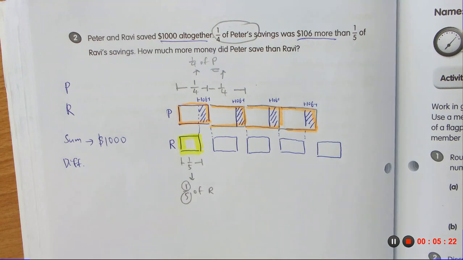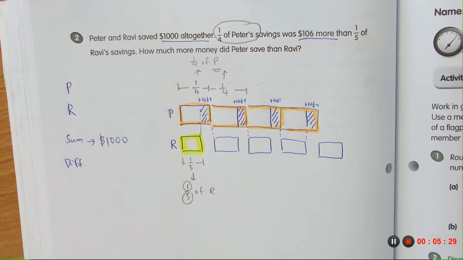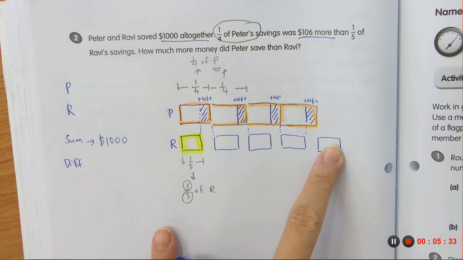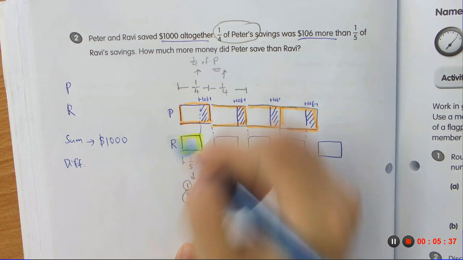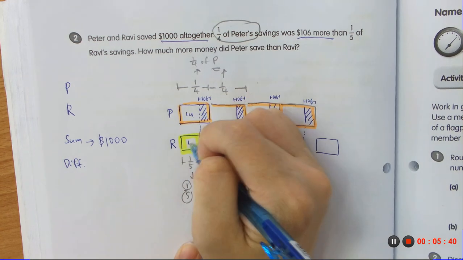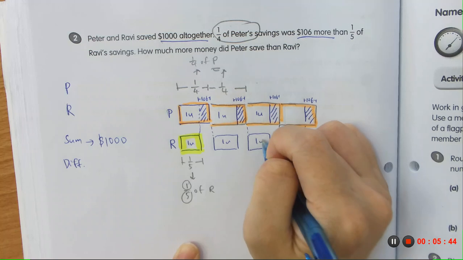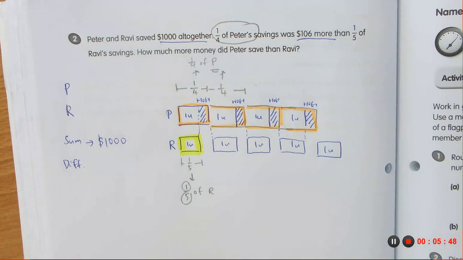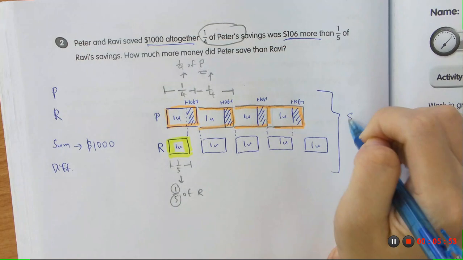Can you see why? Yeah. But you see how Ravi has one more piece because it's fifths. Okay? So you can see that this is one mini unit, one smaller unit, and these unit sizes are all the same. And then we know the sum altogether is 1000, that's right.